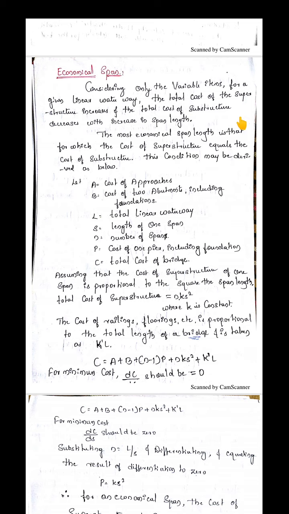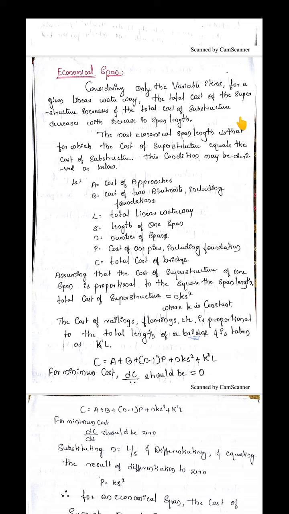How to obtain this N? That is total length divided by one span length, you will get the number of spans. P is the cost of one pier including the foundation. C is the total cost of the bridge.